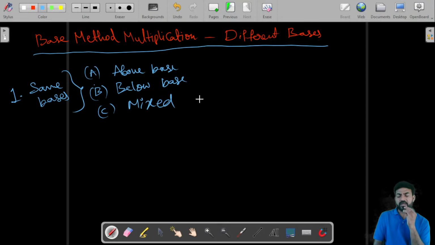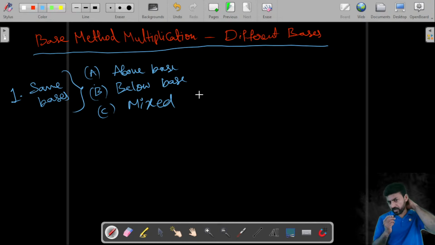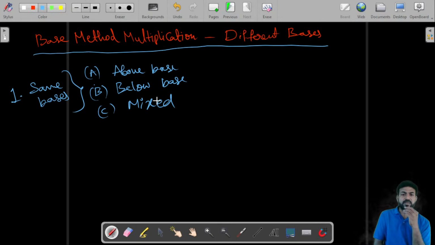Mixed means one number is above and one number is below, either the multiplicand or the multiplier. And second, different bases. We have to learn this.